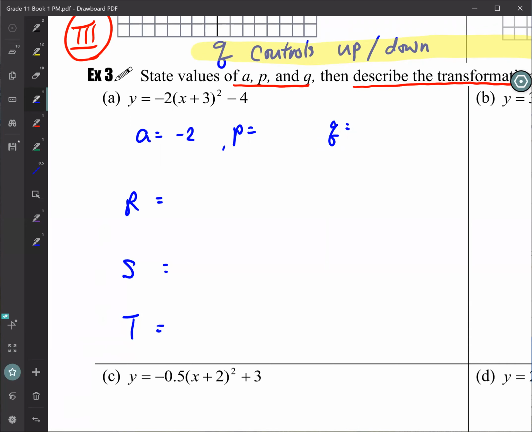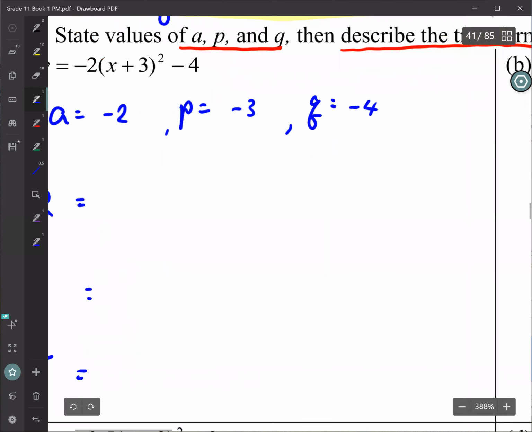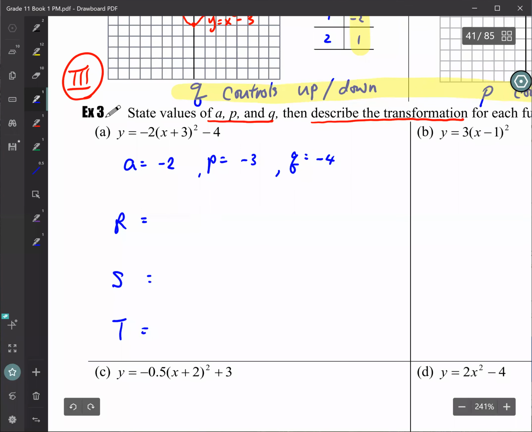APQ, which one is the easiest one? A and Q. Yeah, so let's get Q first. Q is -4. Yeah. Now to get P, where do you look at? It's 3. You need to flip. Remember, you have to flip the P. -3. Yeah, okay. So please remember that. It will affect your RST, okay?